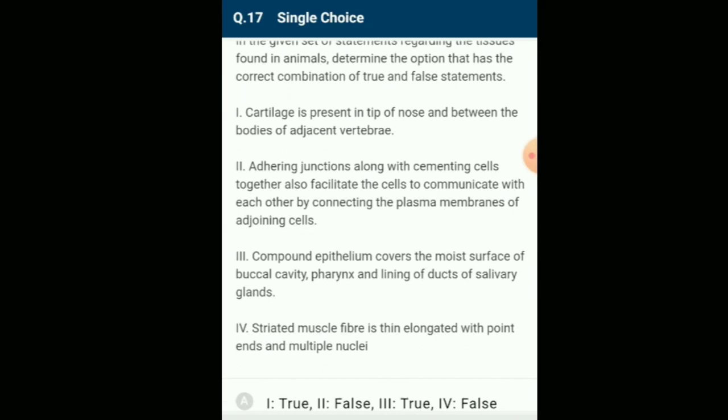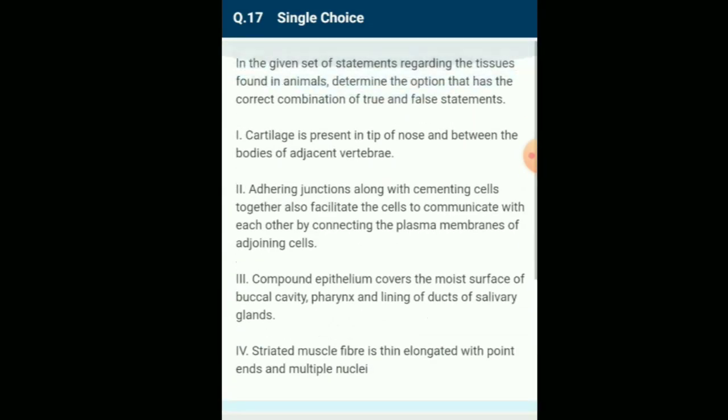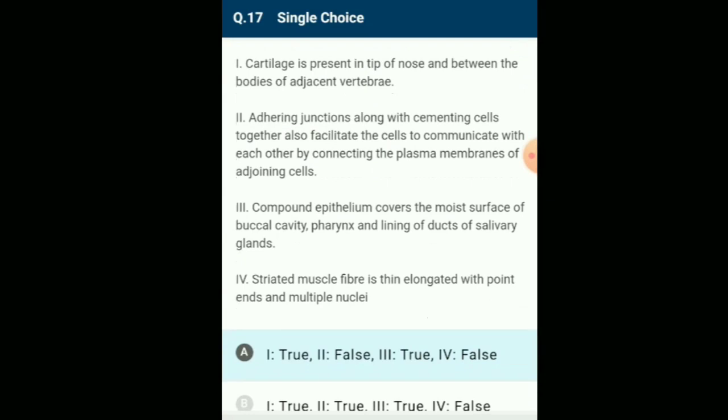Third, compound epithelium covers the dry skin surface, the moist surface of buccal cavity, pharynx, inner lining of ducts of salivary glands and of pancreatic ducts. Fourth, striated muscle fiber is thin, elongated with blunt ends and multiple nuclei. So from the given four statements, statement 1 is true, second is false, third one is true, fourth one is false. So the correct option is option A.